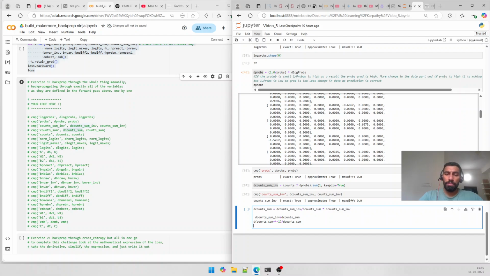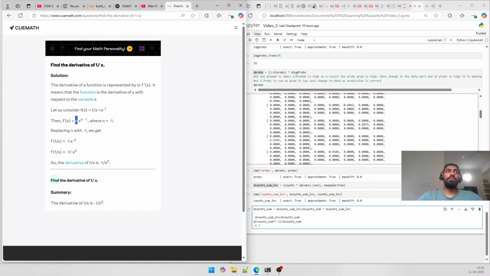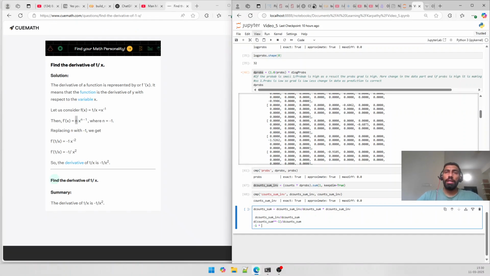Usually what happens, the power comes in front. This is the same as the 1 by x we were doing, and the power changes by 1, so it should be -1 by count sum whole square, and then whatever this is here.